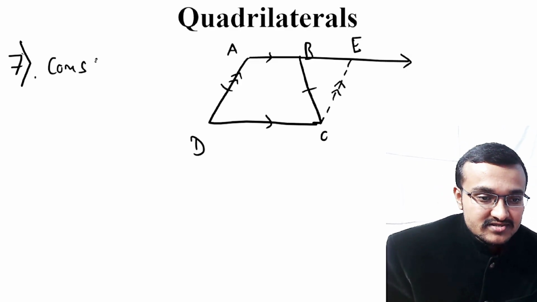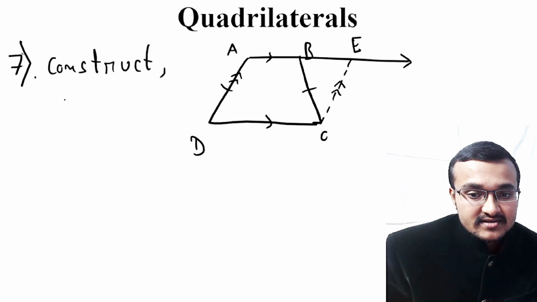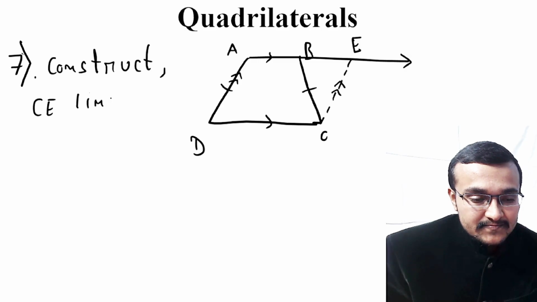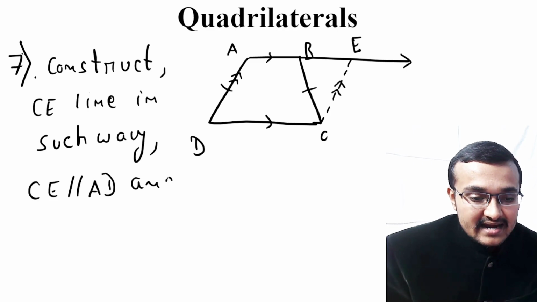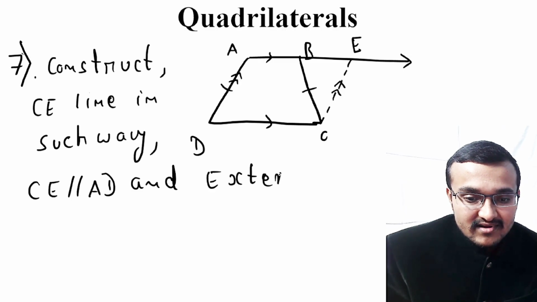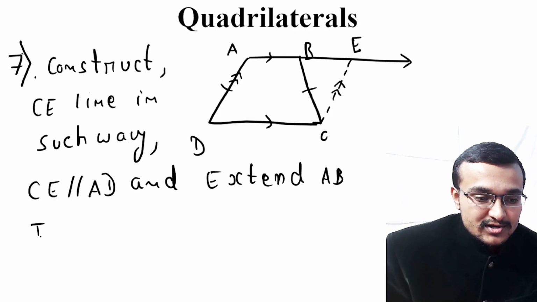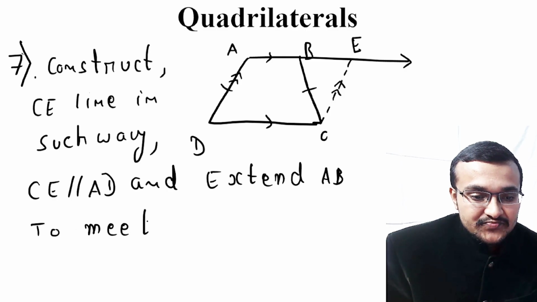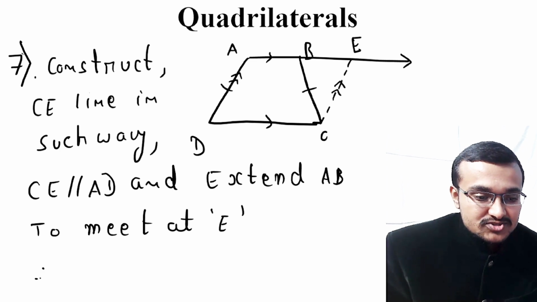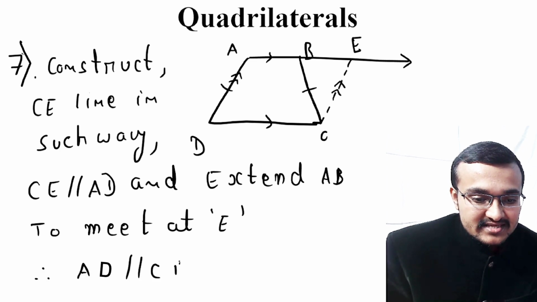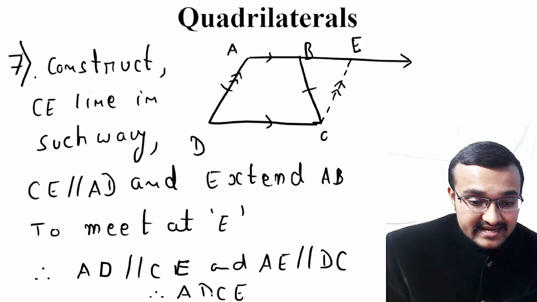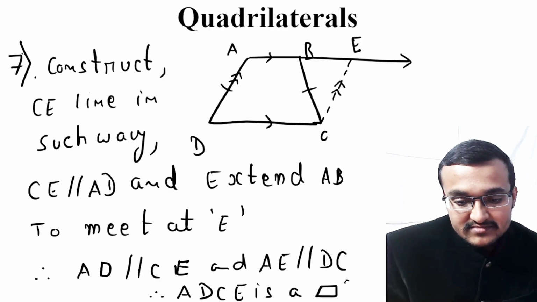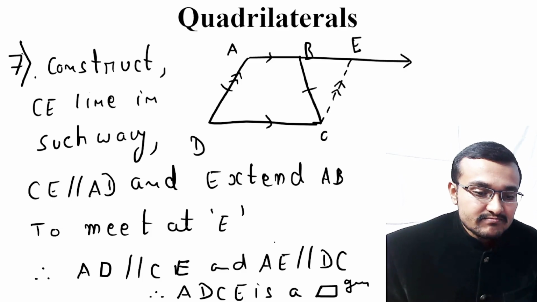So construct CE in such a way that CE is parallel to AD and extend AB to meet at E. Therefore AD is parallel to CE and AE is also parallel to DC. Therefore ADCE becomes a parallelogram.